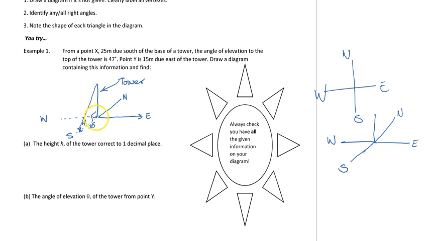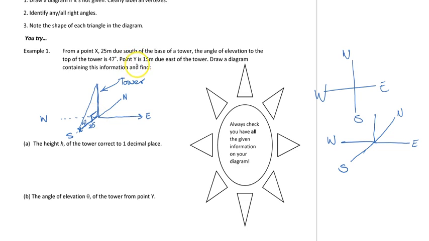So hopefully you can all see we've got a right angle triangle here. It's sitting up, coming out of the page with the right angle. The distance from X to the top of the tower is the hypotenuse. With respect to 47 degrees, this 25 would be adjacent, and the height of the tower would be the opposite side in the right angle triangle.